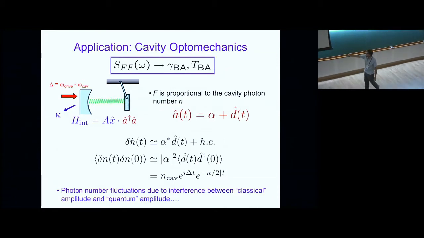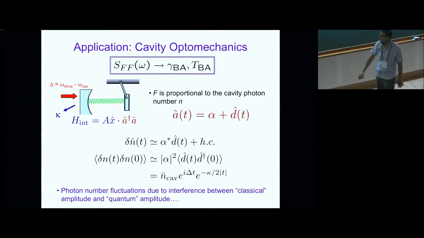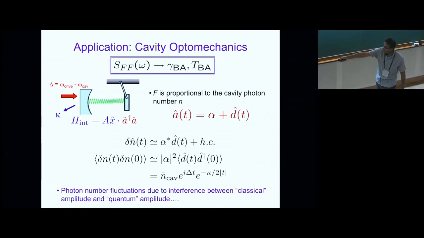The prefactor of alpha, the average number of photons coming from the coherent drive, gives me this n-bar cavity prefactor. What's left is just the damped oscillations of my cavity lowering operator. It oscillates, in this rotating frame, at the detuning of the laser frequency from the cavity frequency, and I have this damping from just the kappa of the cavity.